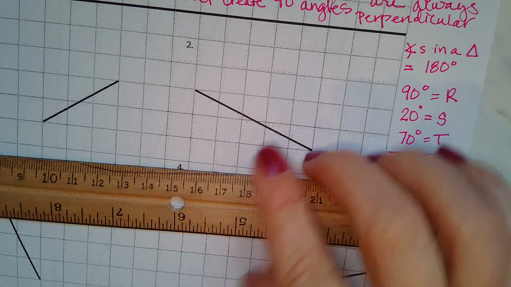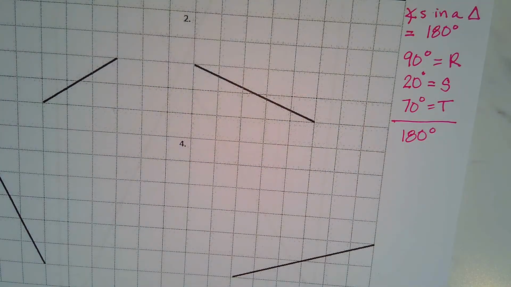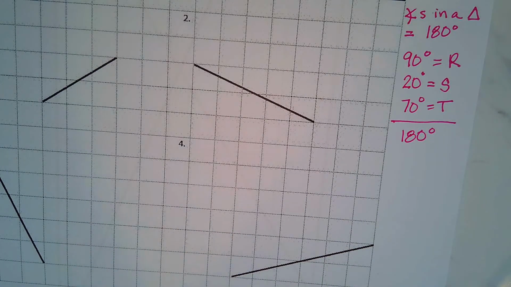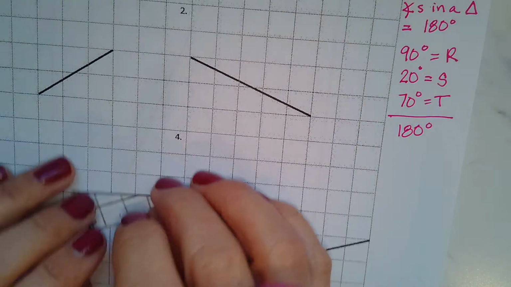I want to look at problems 1, 2, 3, and 4, and practice constructing perpendicular line segments, and add up the acute angles and a straight edge. All right, so let's get started. Now, if you have your little triangle, great. If you don't, that's fine too.